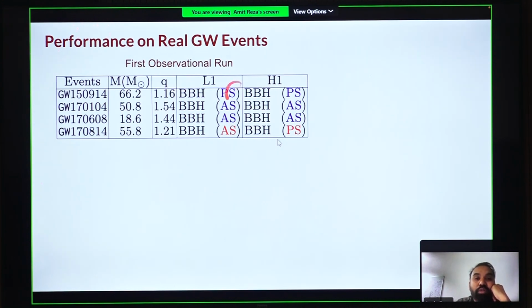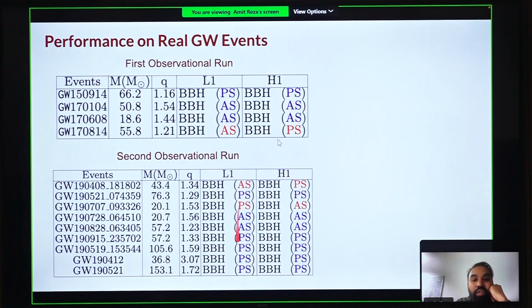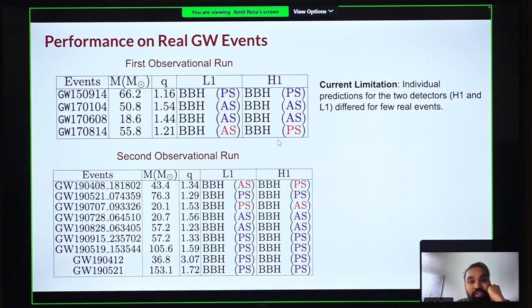We found that in the first observation run, most of the events, shown in blue, match what is reported in the literature, whereas one of them is not matched properly. For the second observation run, we also identified most of the events in the right way, but two of them are not aligned the way they were reported earlier. So these are a representation of the same data set in a machine learning setup to detect whether a signal is precessing or aligned.